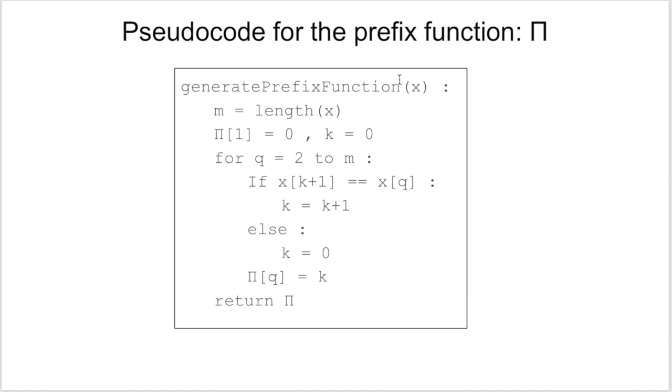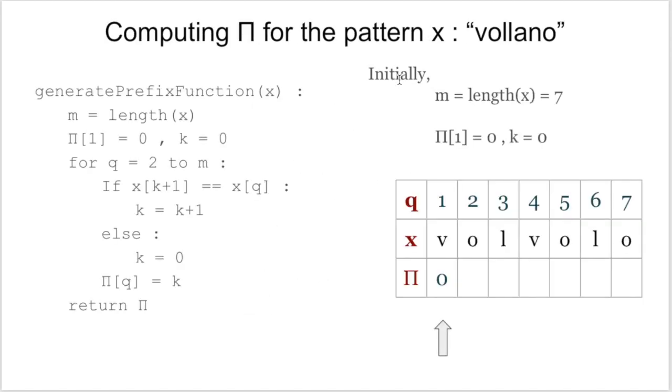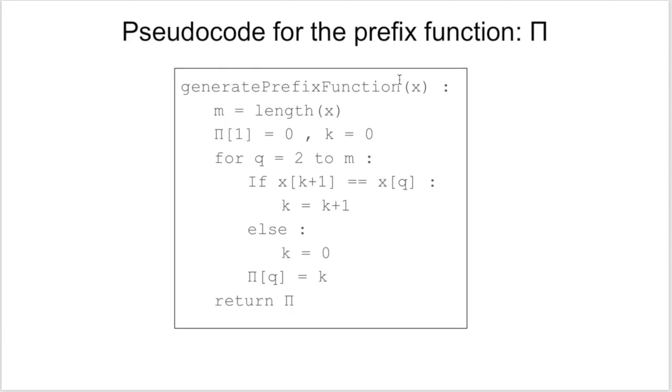If you were to relate this to the previous example, whenever we had a match with x, x, x, my k at this moment would be 1, and since my new element adds to the length of the highest prefix suffix match, it gets incremented by 1 and gets stored at 2. So that is essentially how the pseudocode for the prefix function is built up.